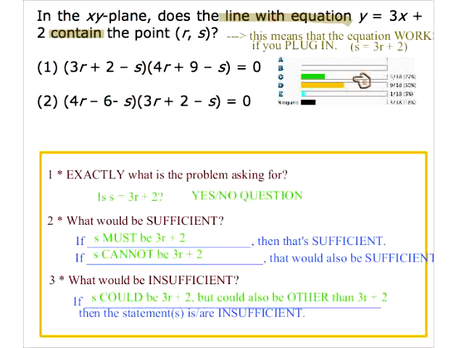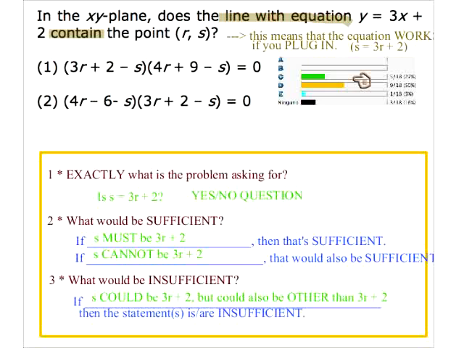It means that you're not learning how to read these problems correctly. It means you're not answering the right question. A bunch of you said things that are not right. A couple of you said you had to find R and S. That's totally not true. A couple of you said that if you got different values for S or R, that would be insufficient. That's also not true.